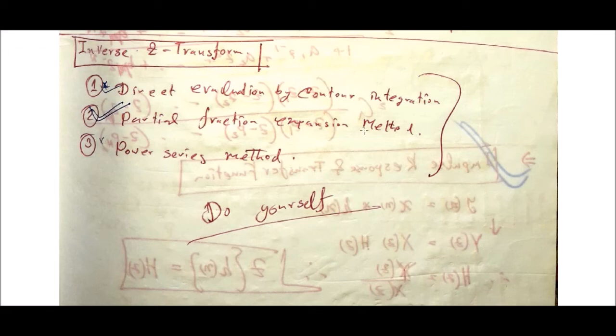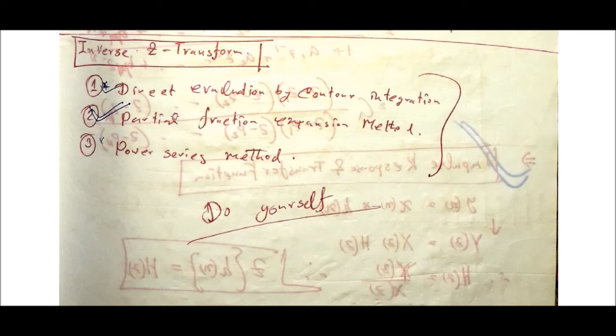The second is the partial fraction expansion method. You know how to do the partial fraction expansion, and after expanding, for each term you apply the properties of this transformation and obtain the corresponding time domain signal. I suggest you go through the examples for this method only, from the book of Nagoor Kani.